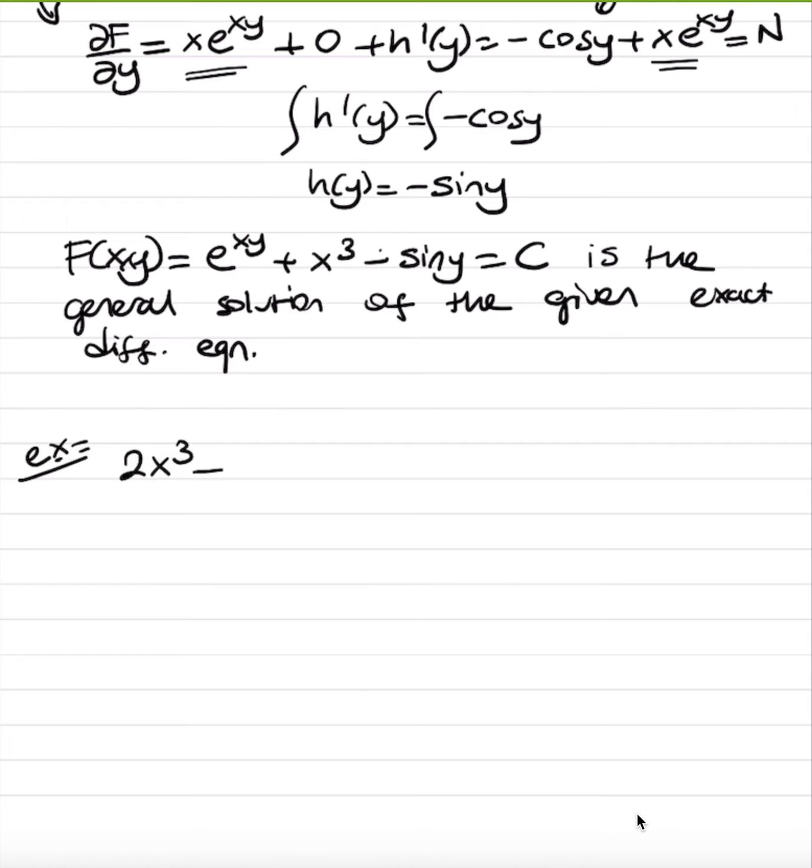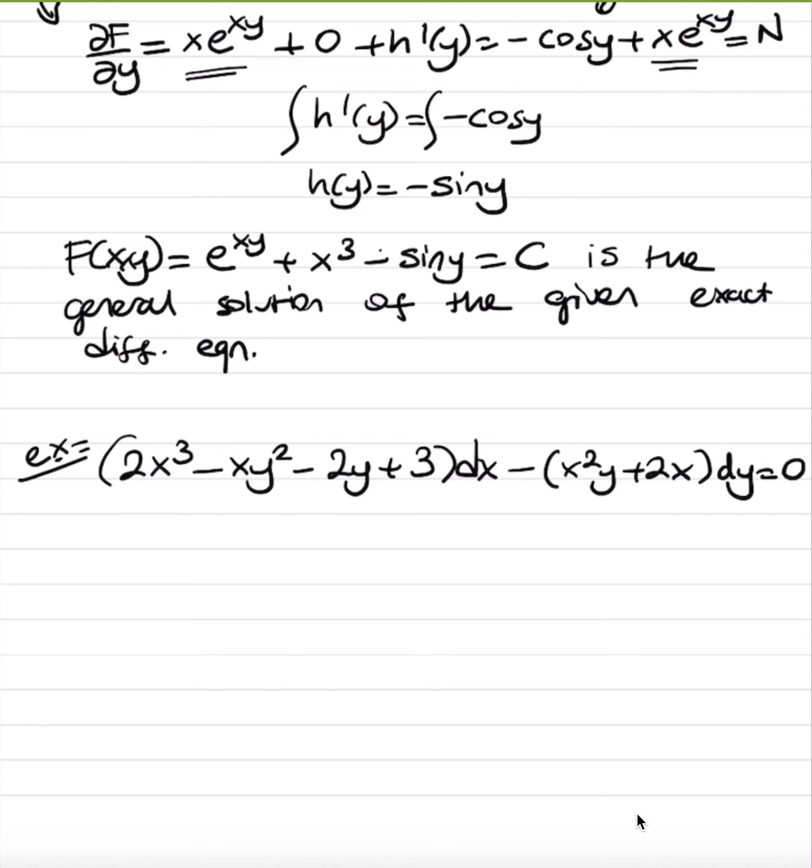2x cubed minus xy squared minus 2y plus 3 dx minus, again here we need to be careful, x squared y plus 2x dy is equal to 0. So show it is exact and then solve.